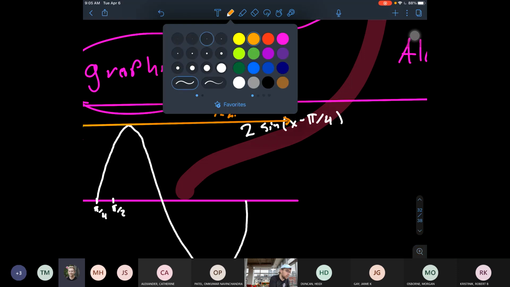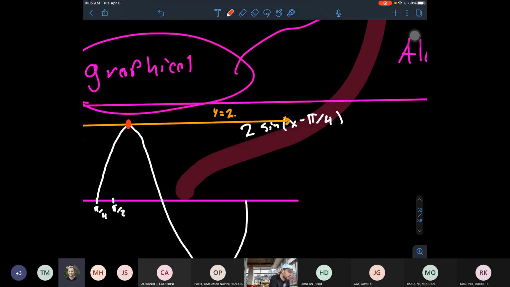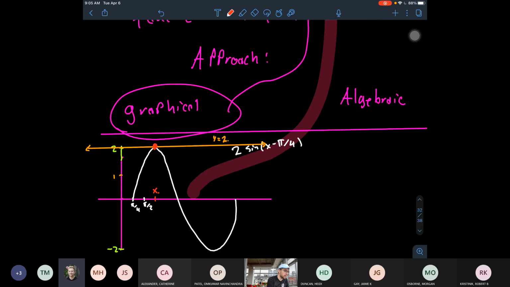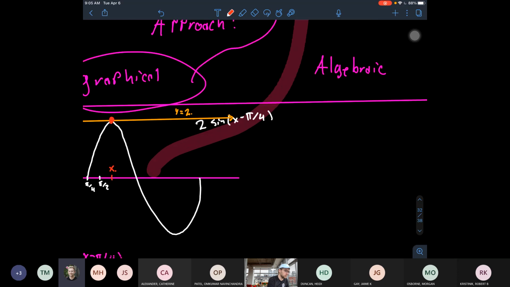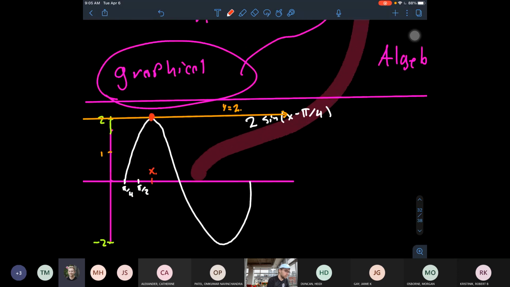And we can see it on the graph, it happens at this point right here. So then all we're really interested in doing is understanding what this x value here is. Once we find out what that x value is, then we will have solved 2 times sine of x minus pi over 4 equals 2. Okay?